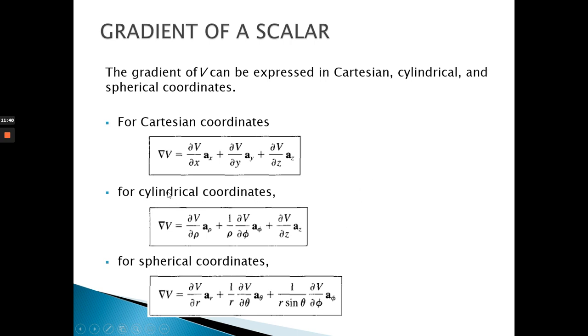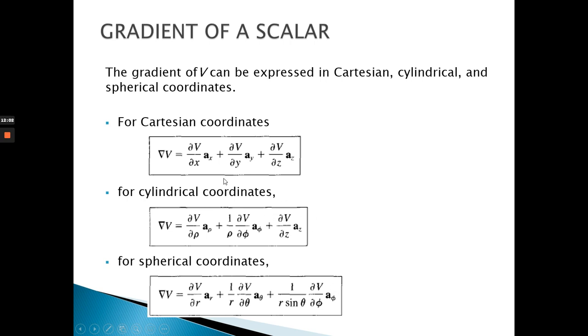So for cylindrical, this is like this, and then for spherical, r d theta and r sine theta d phi. We already learned about it, so we need to follow this one. If somebody asks you to find the gradient of a scalar, you need to find it in Cartesian, cylindrical, or spherical.